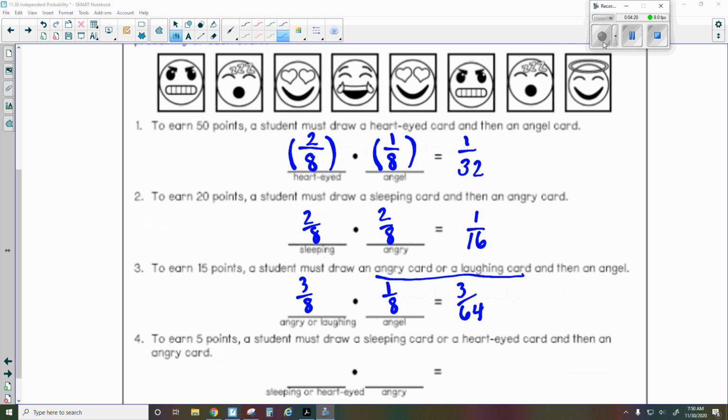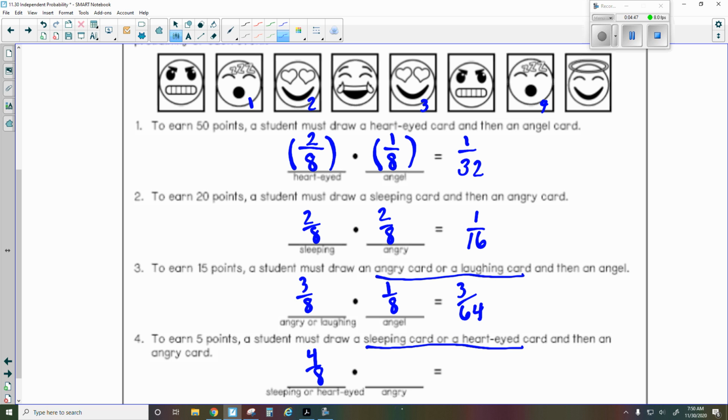Number 4, to earn 5 points, a student must draw a sleeping card or a heart-eyed card and then an angry card. So where it says or right here, we're going to add them both together because we want either a sleeping card or a heart eye. So let's count. Here's a sleeping and a heart. Okay, so there are 4 sleeping or heart eye cards out of 8, and then we're going to replace all 4 back.